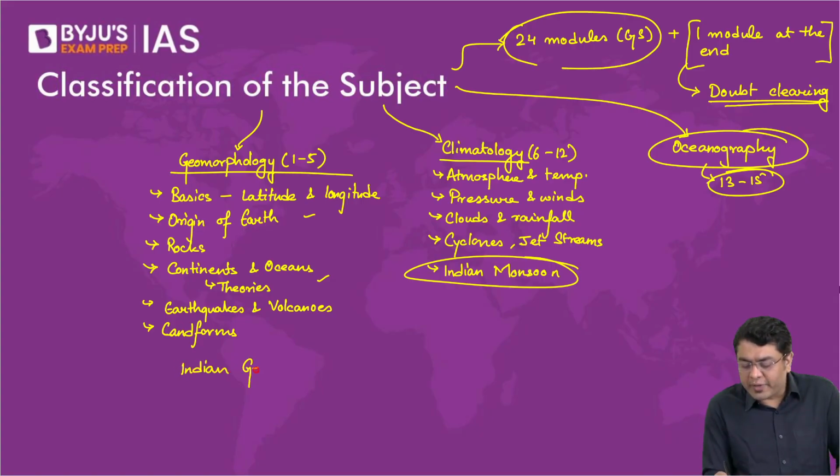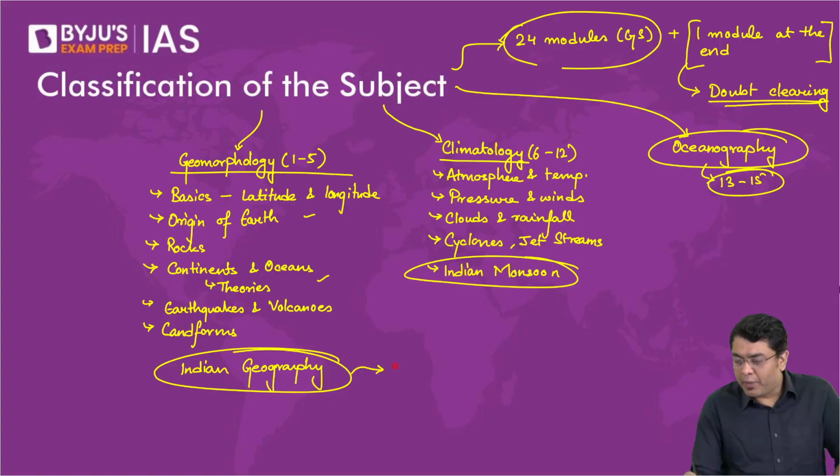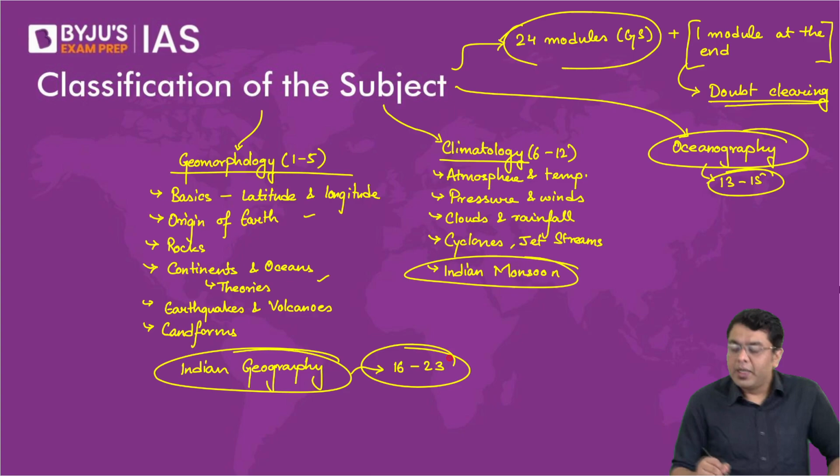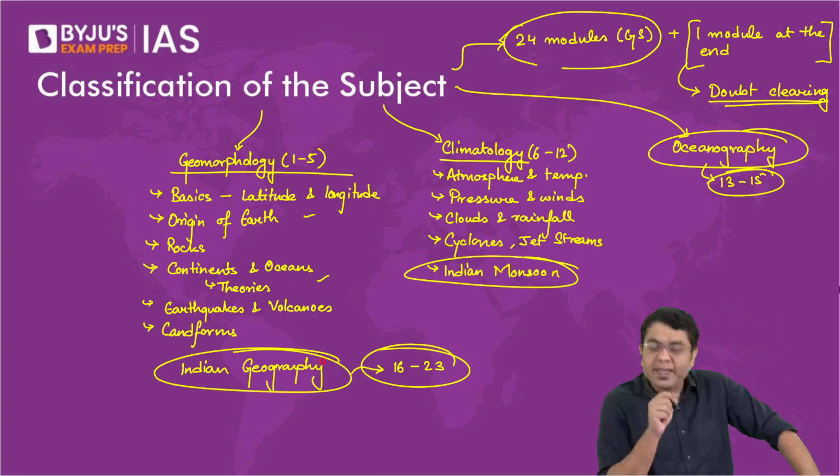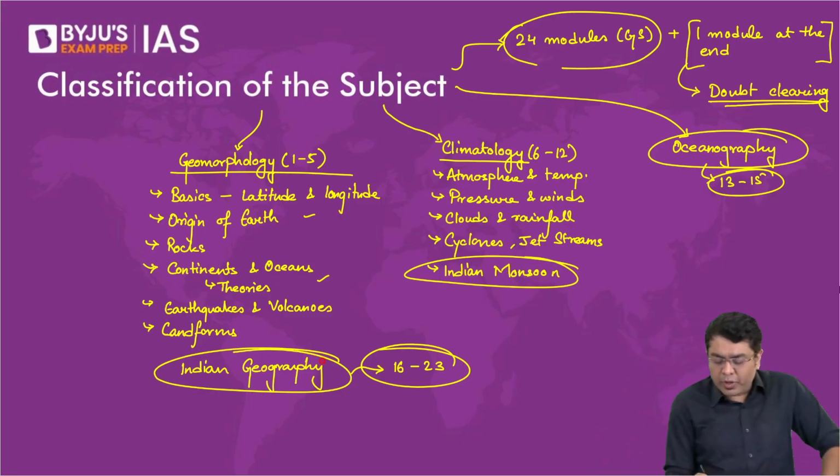About the formation of the Indian subcontinent itself. That is how deep we will go. So this is what we are going to study in that. And after that, one module will be for mapping. So the 24th module will be for mapping.